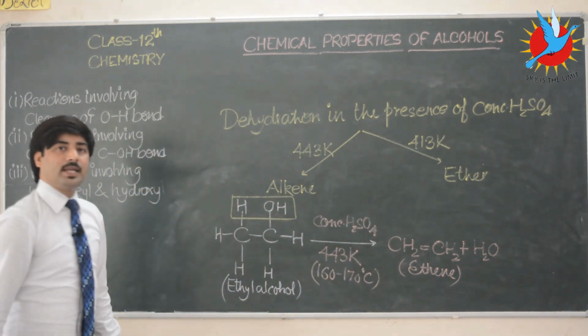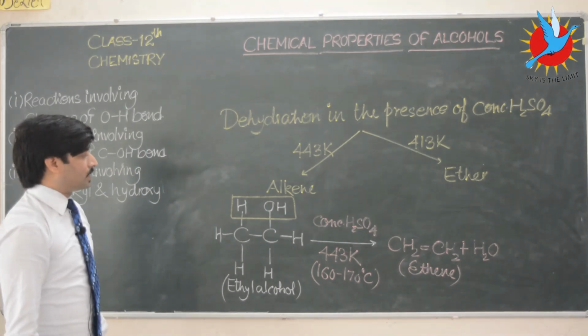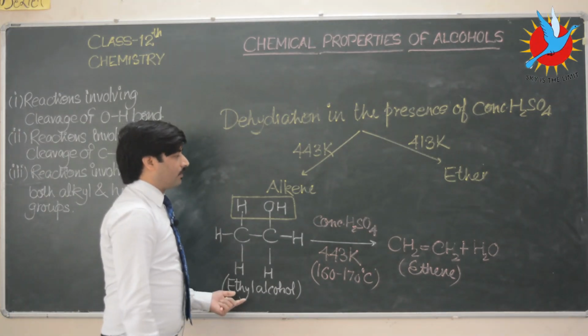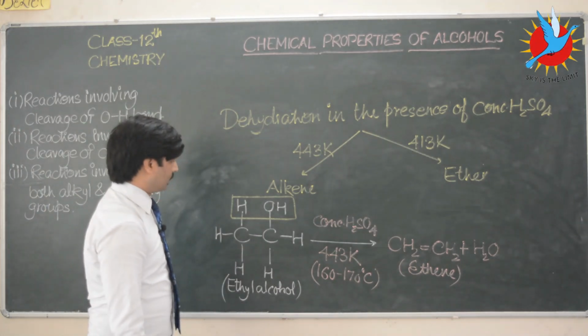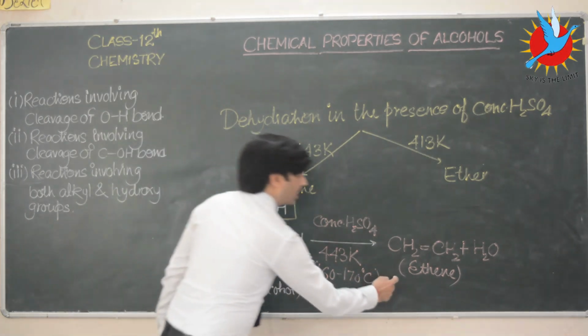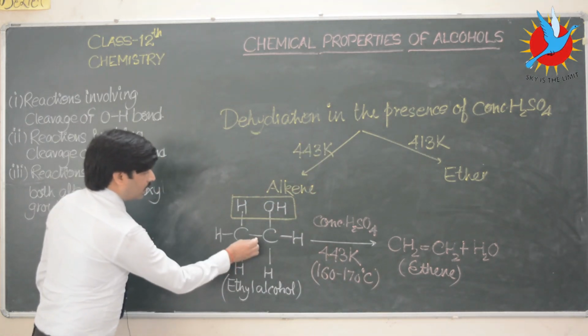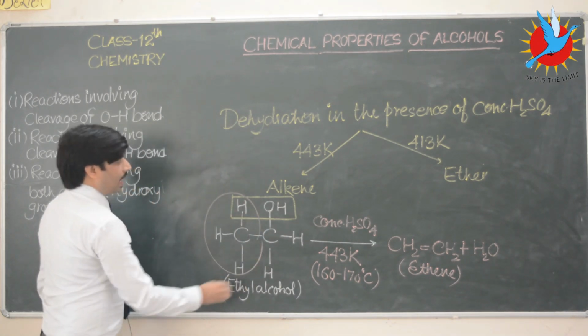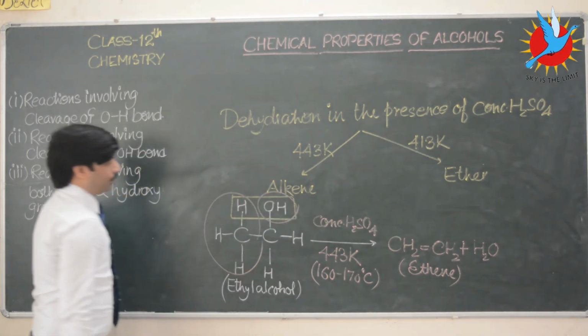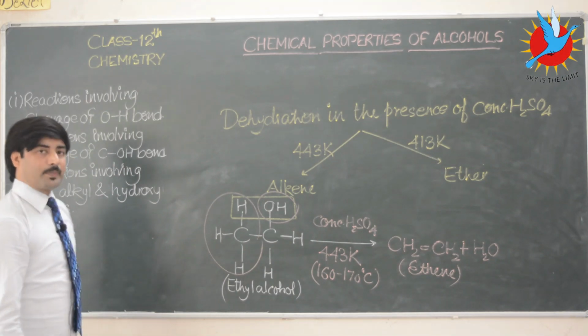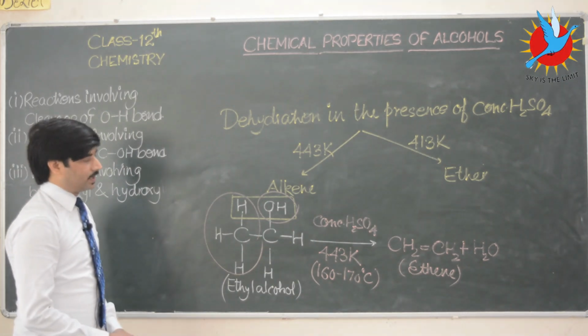So this may be an important reaction which we can use during the exam for different conversions. Ethyl alcohol turns into alkene, and you can see both the alkyl group as well as the hydroxyl group are participating in this reaction.